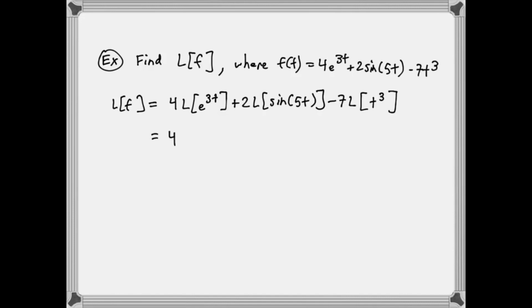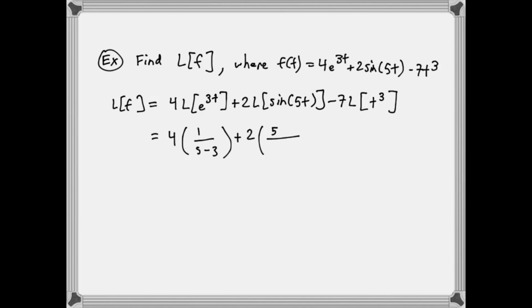So first, the Laplace transform of e to the 3t. So that means that 3 is our a in the old formula. So this would be 4 times 1 over s minus 3 plus 2 times, remember for sine our formula was you take 5 and you divide it by s squared plus 5 squared.